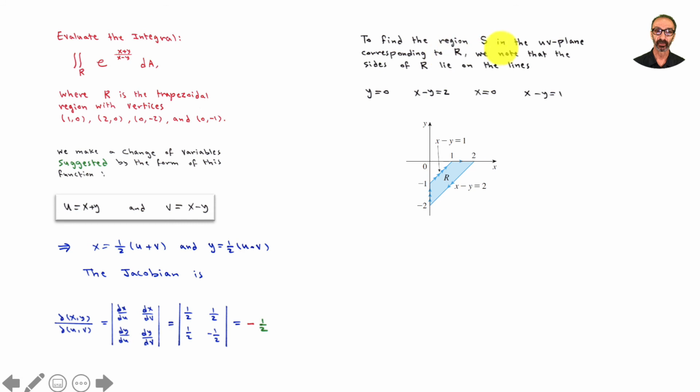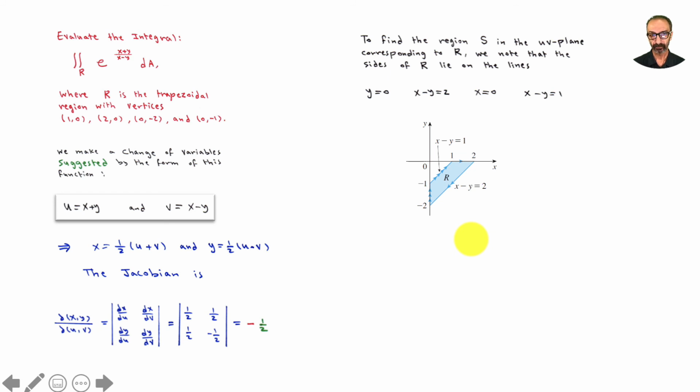Now, to find the region S in the UV plane, this is my XY plane, and that's the region R speaking X and Y. Taking your time and plugging the points 1, 0, 2, 0, 0, negative 2, 0, negative 1, connecting them, and this is the trapezoid that they mentioned.